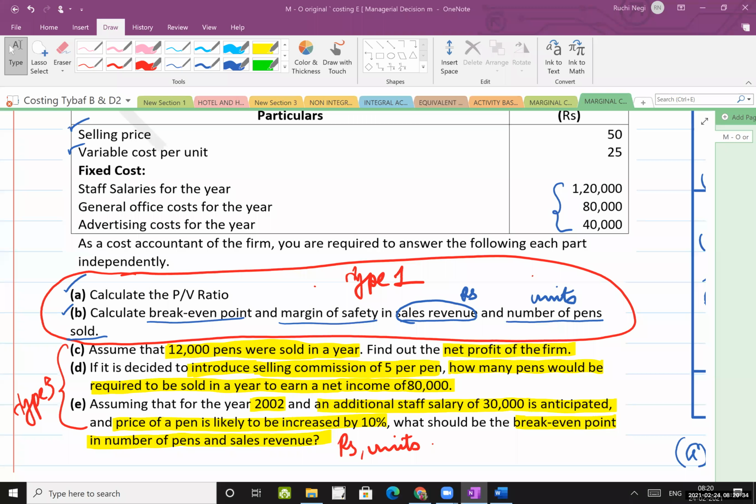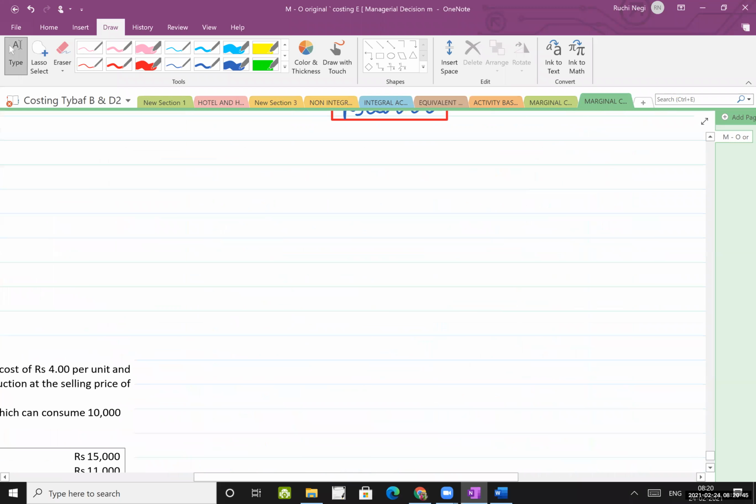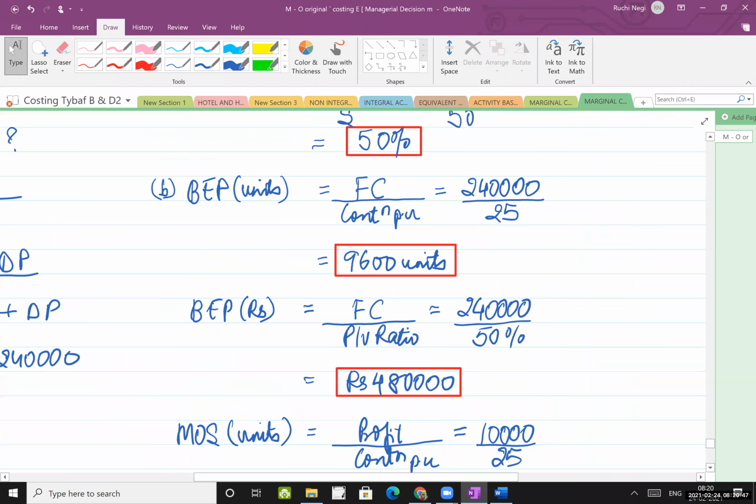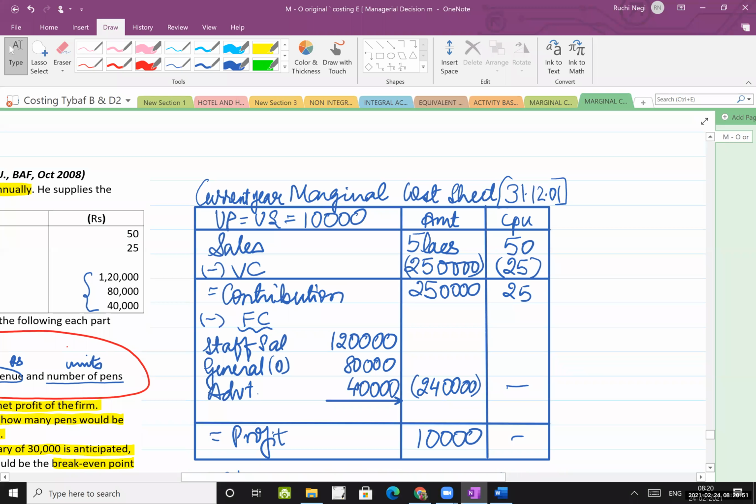So let us start. Obviously, I have always been telling you what to do first. Always start with the marginal cost sheet. So make this marginal cost sheet. Units produced, units sold, 10,000.